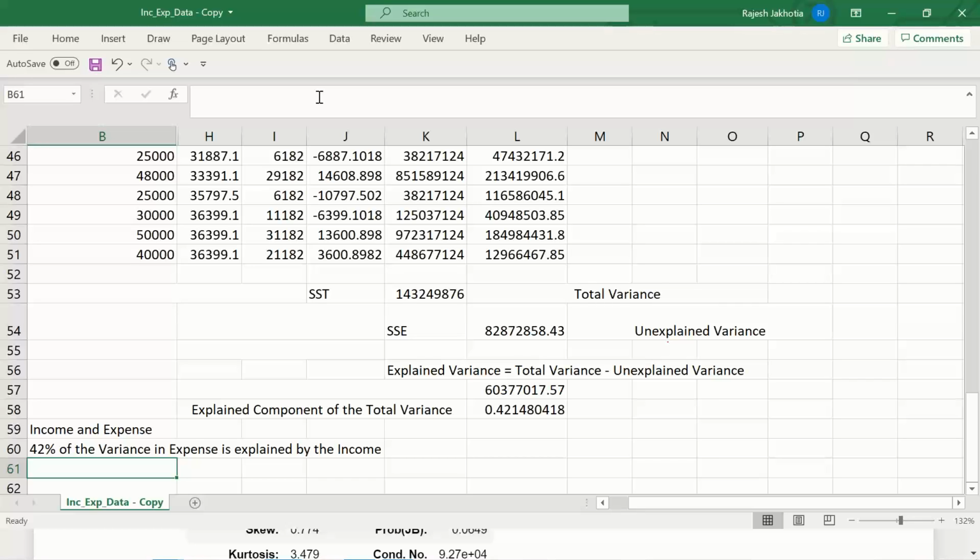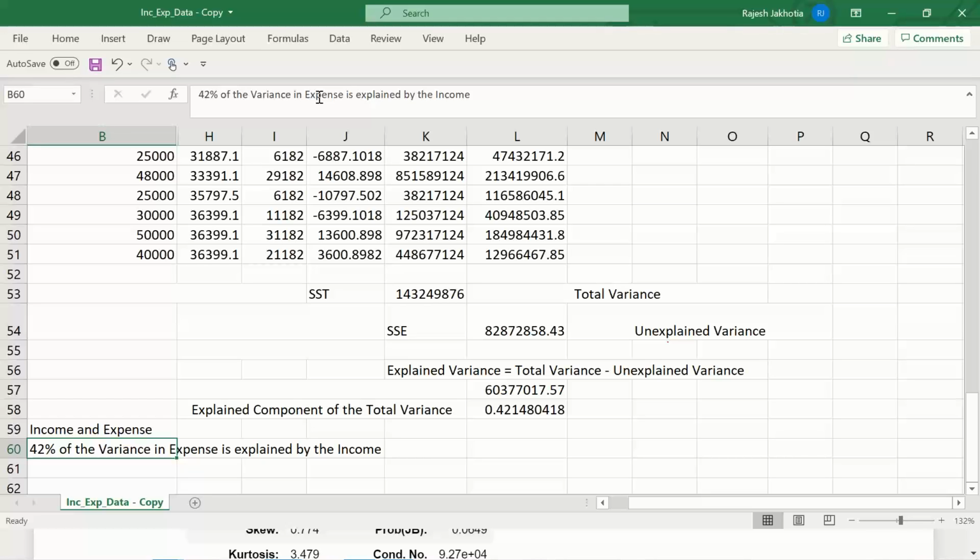So when I take into consideration the income, I am able to increase my accuracy of prediction. However, my accuracy of prediction is not completely 100%. I am only able to explain 42%. There is a 58% still unexplained.